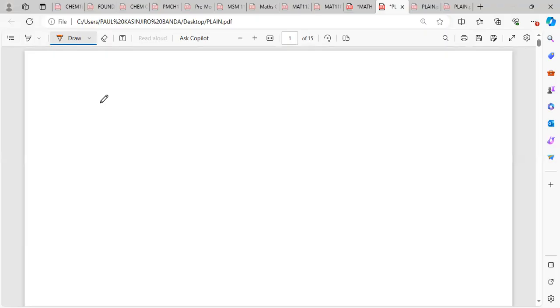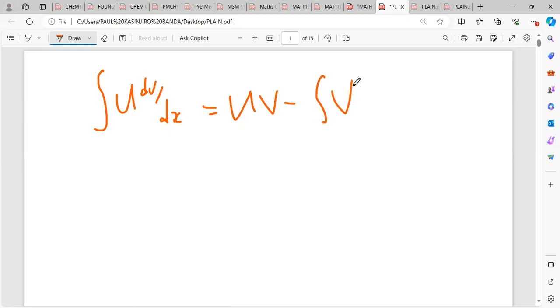Integration by parts is equal to the integral of u dv dx. You have to know this formula, guys, no two ways about it. The integral of u dv dx is equal to uv minus the integral of v du dx.